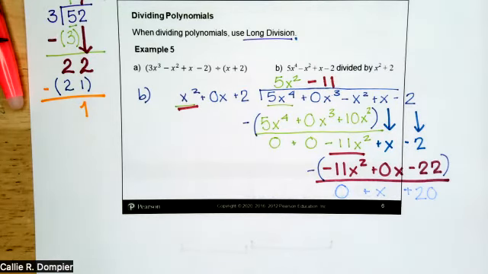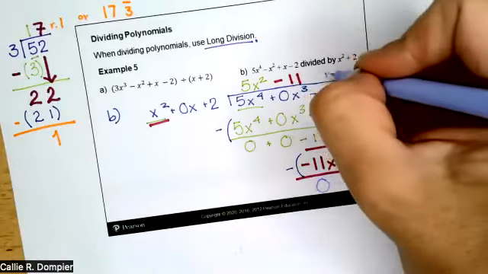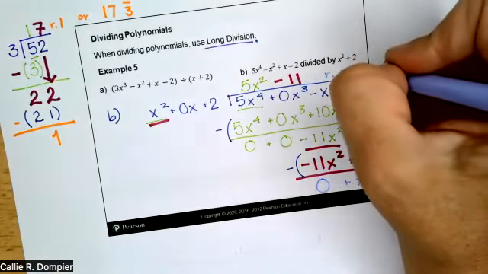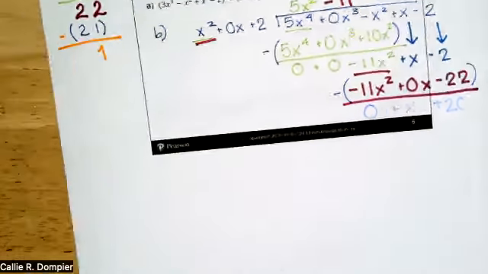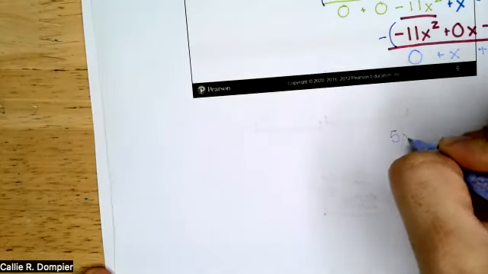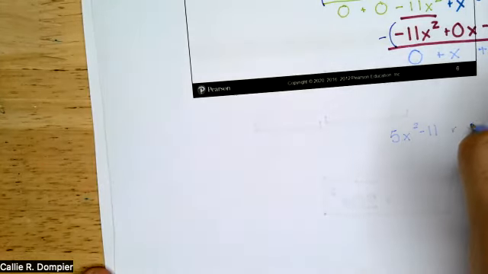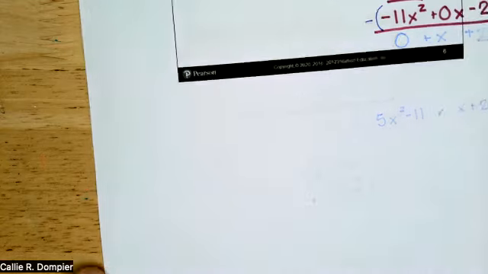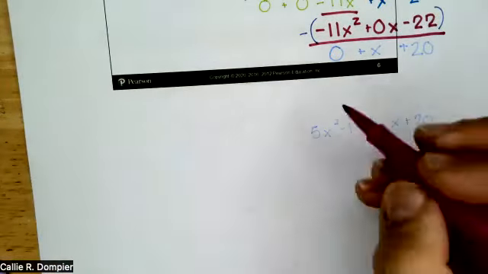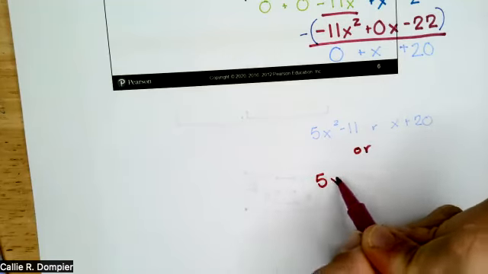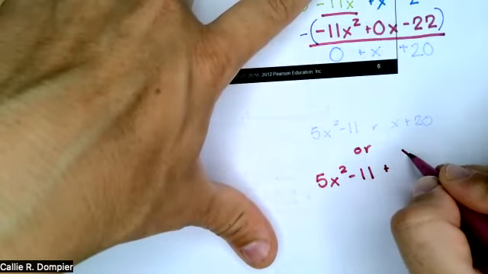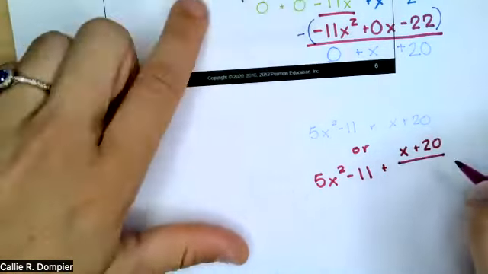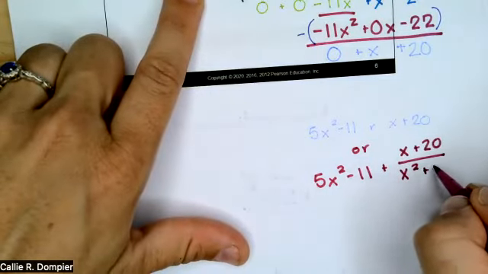So my answer for B is 5x squared minus 11 with a remainder of x plus 20, or you can write it as 5x squared minus 11 plus x plus 20 over x squared plus 2.